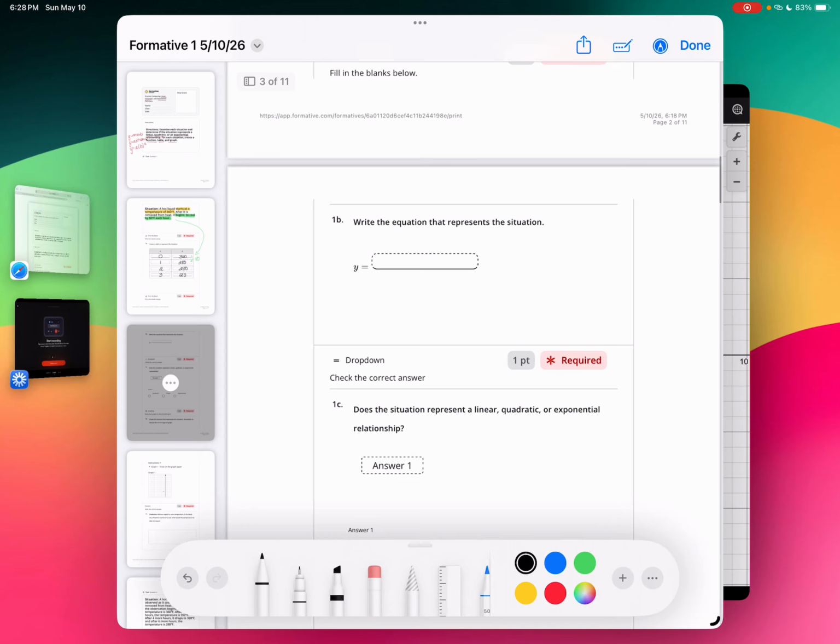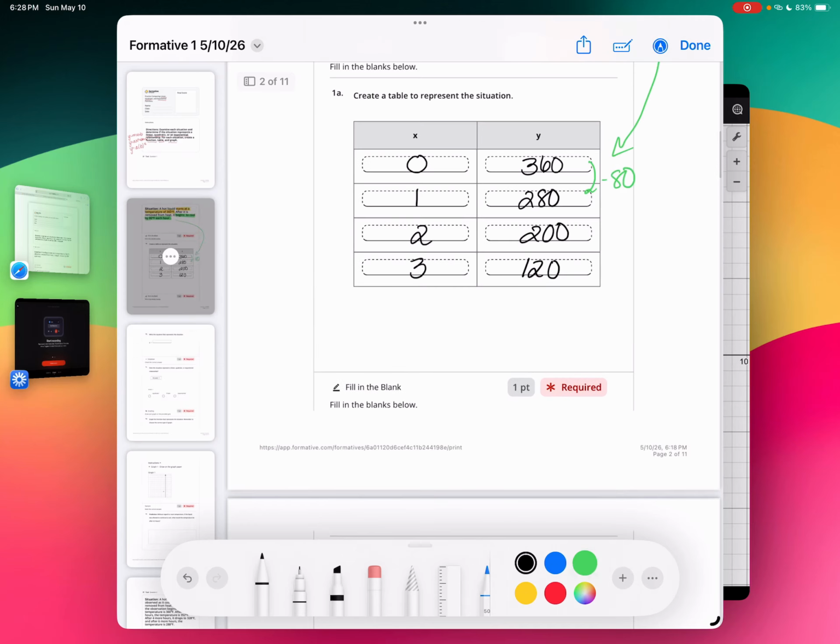Now it says write an equation. I can see that this is decreasing by 80 each time, which means my slope is negative 80 and my starting value is 360. So the y-intercept is 360.